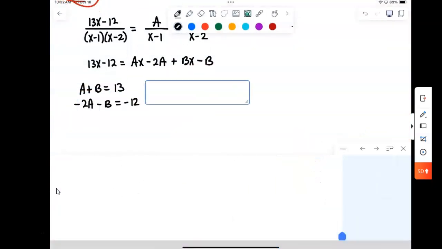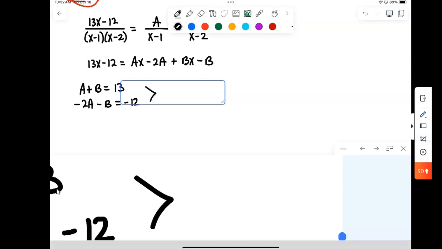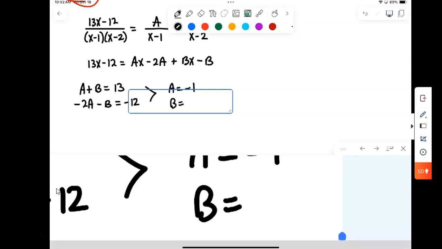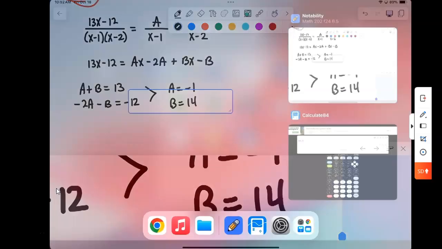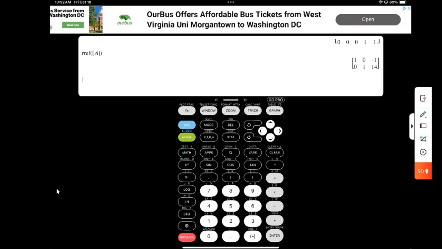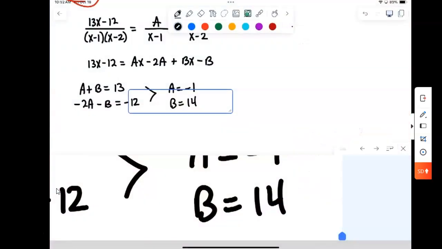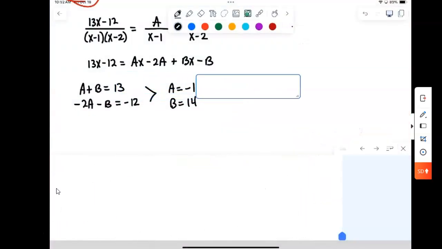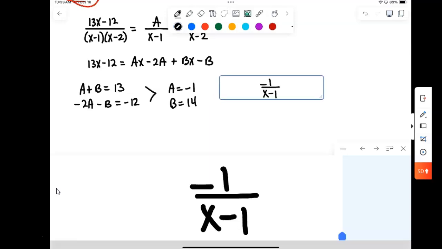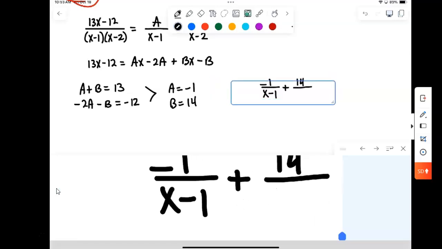So A is equal to negative 1, and B is equal to 14, as our system there just said. So that means the fraction is minus 1 over x minus 1 plus 14 over x minus 2.